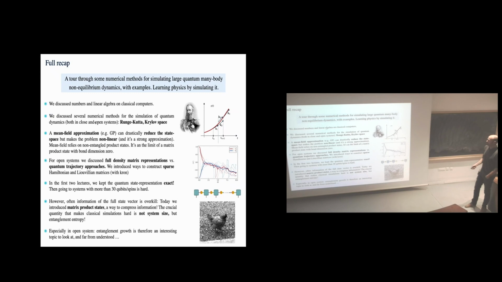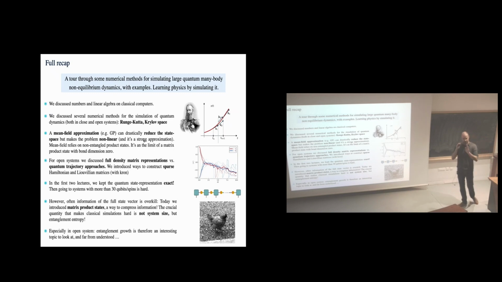And we had all of this discussion about linear physics, but of course not all problems are linear. If you make some mean field approximation, for example Gross-Pitaevskii, you can really drastically reduce the space of your system. It's really like in an MPS. In an MPS, you make this bond dimension huge, you have all of the space of all of the states.